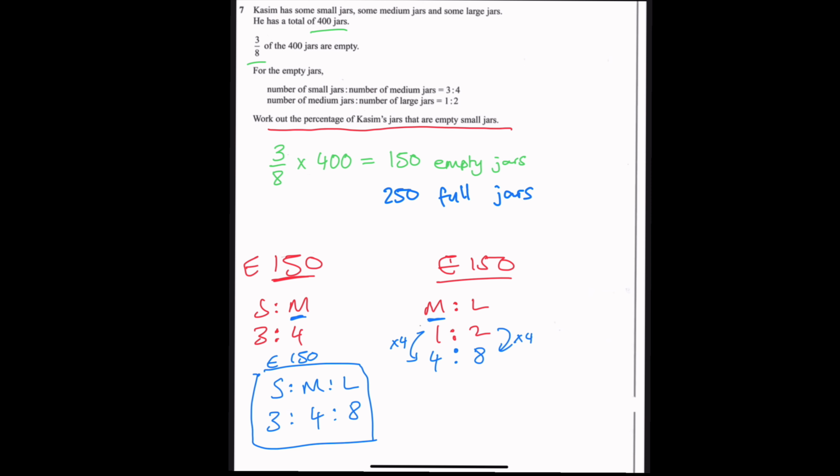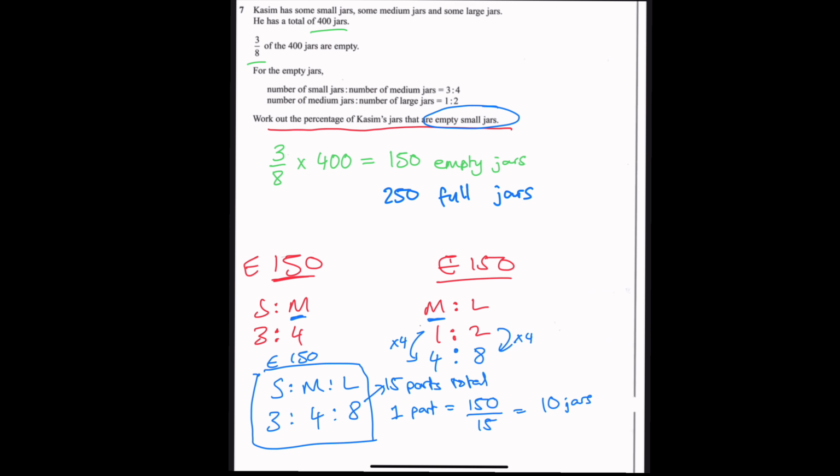Okay, I want the percentage of the empty small jars. So the small jars then, there's 15 total parts here. 15 parts total. 1 part is 150 over 15, which is 10 jars.